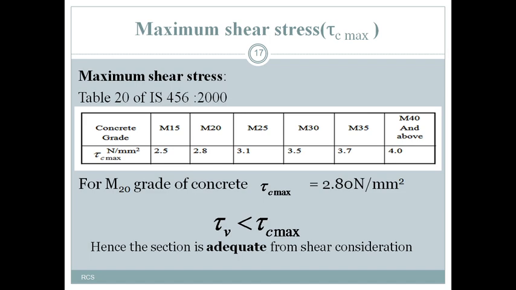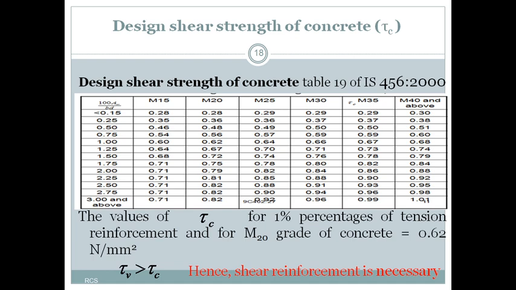Next we have to check whether we have to provide shear reinforcement or not. That can be determined by establishing the relation between nominal shear stress and design shear strength. The design shear strength can be found using Table 19 of IS 456-2000. Given percentage of steel is 1% and grade of concrete is M20.